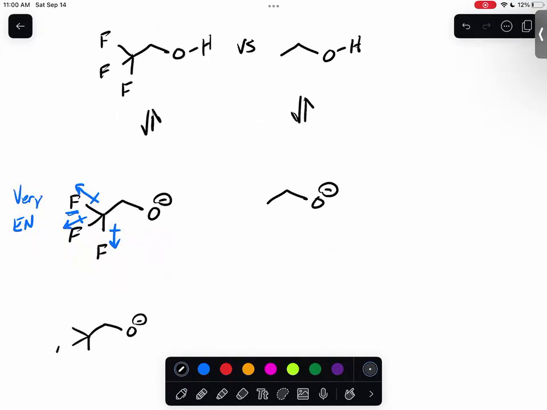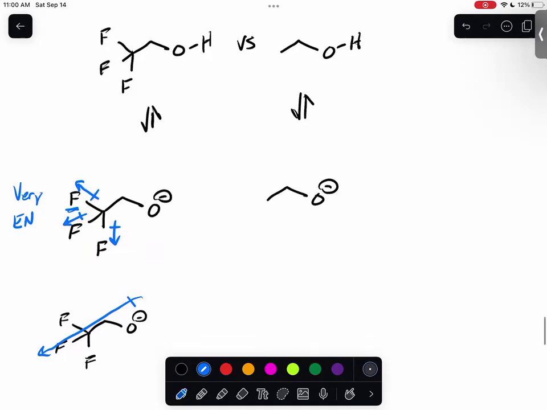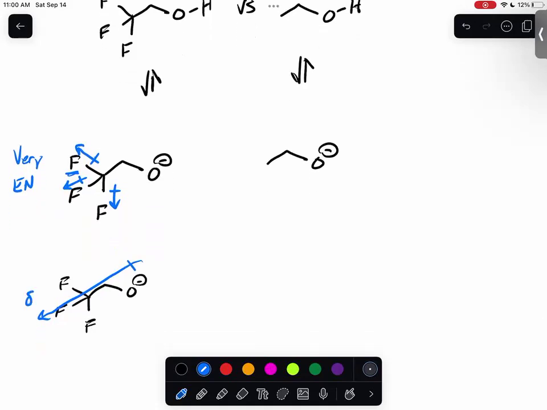And if we're thinking about the overall dipole on this molecule, it's going to be pulled very, very far towards that fluorine. And if you all remember us talking about dipoles previously, we said that the side that the arrow points towards is partially negative, and the side that the arrow points away from is the partially positive side.